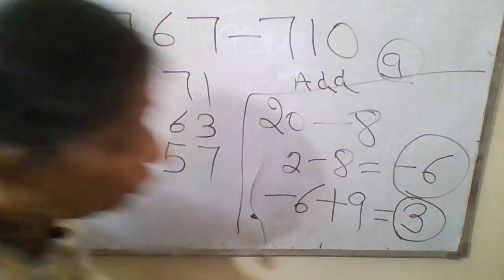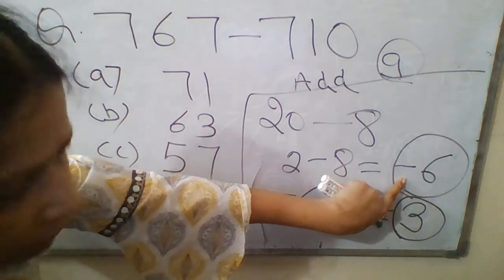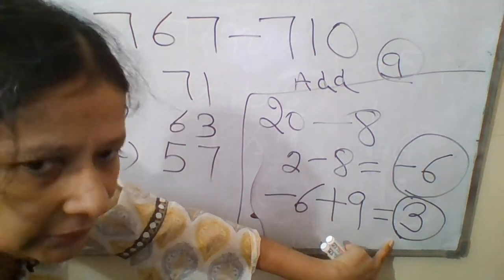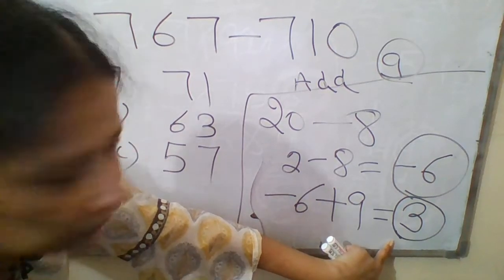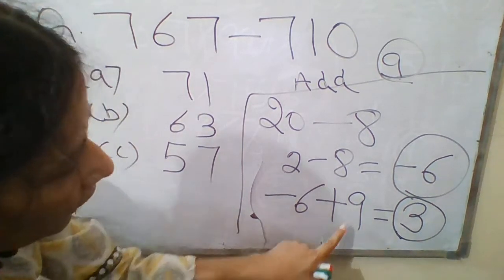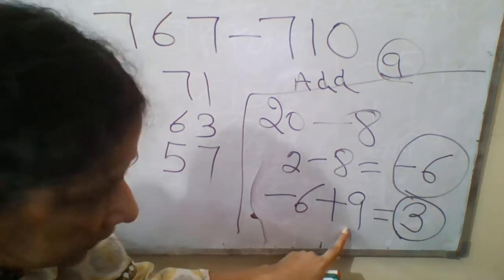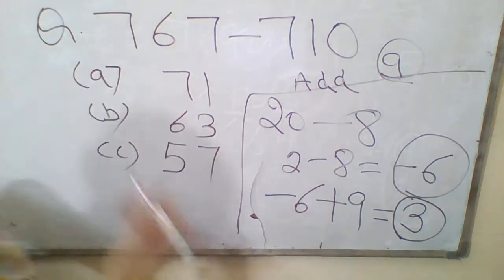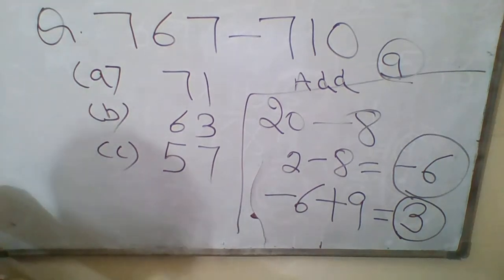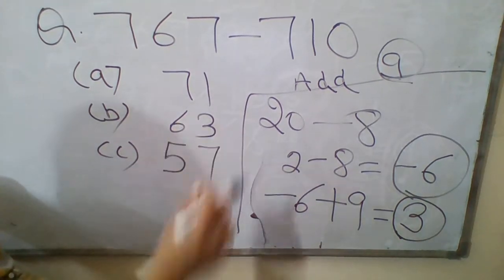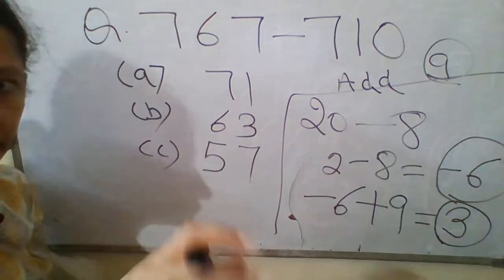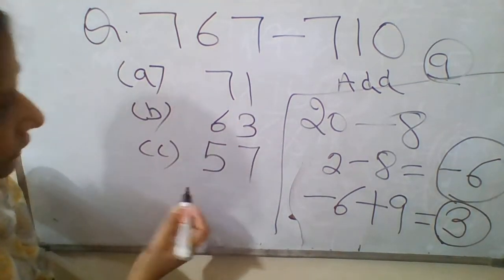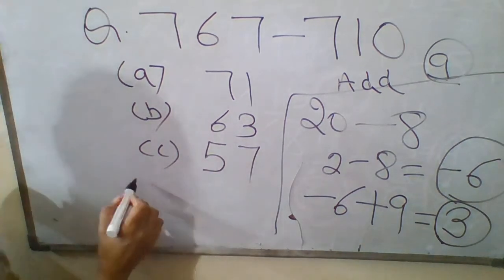So from negative I made it positive, and to make it positive I added 9. So my DR is now positive. Here also you find the DR. What is the DR in this part? See, 7 plus 1 is equal to 8. So here the DR is 8.